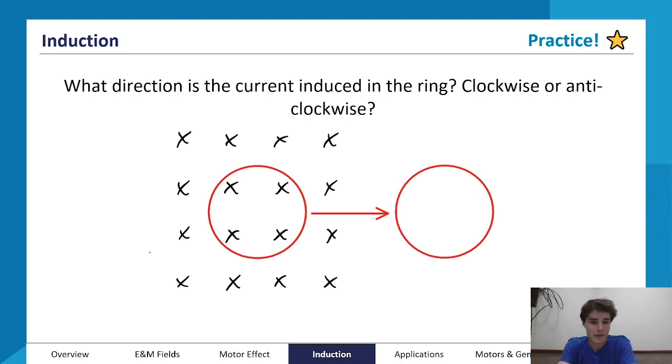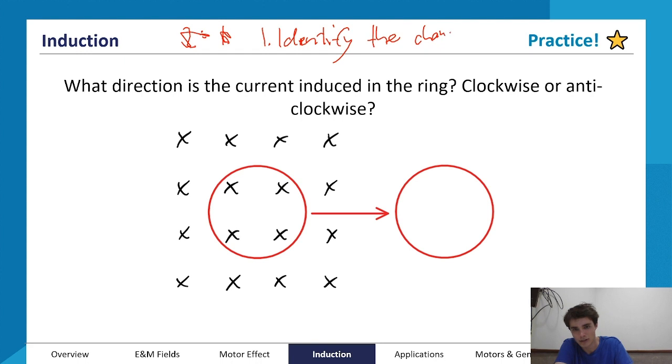Now, the way that I would encourage you to do this is to break it into two steps. Your two steps are, first of all, identify the change in flux. Figure out what that change is actually going to be, and then once we've figured out that change in flux, use your right hand grip rule.